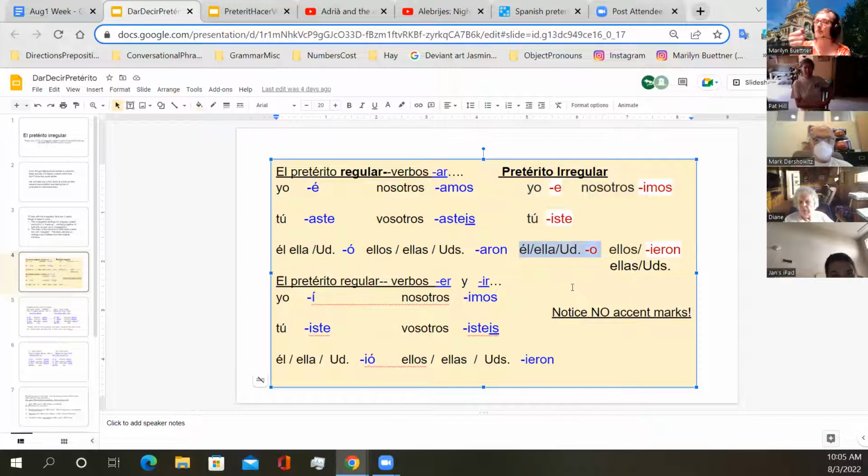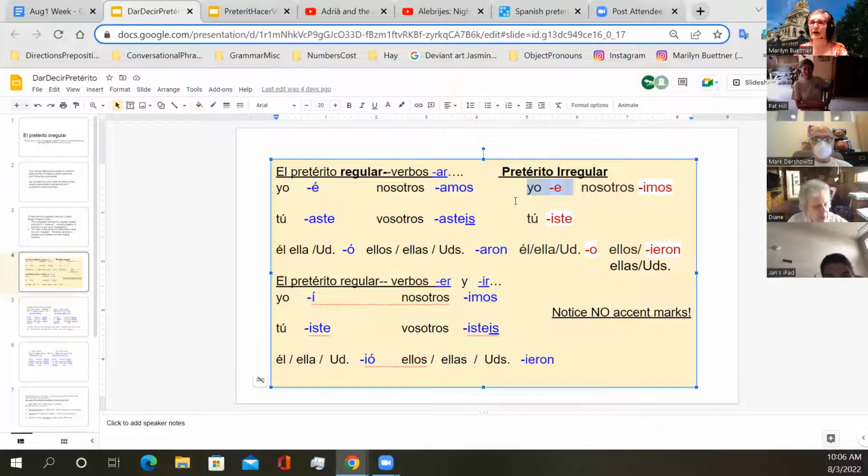That means we cannot punch that last syllable. The lack of accent marks means that this ending with an o does not get emphasis on the end syllable. The e ending for yo does not get the punch on the last syllable either. So taking away that accent mark affects how you pronounce it.